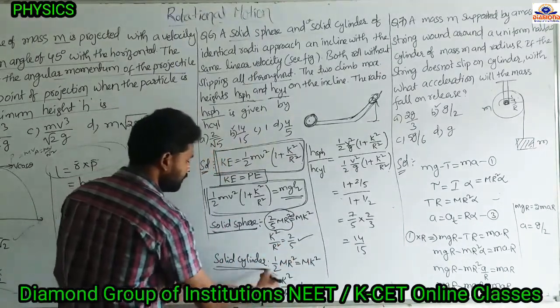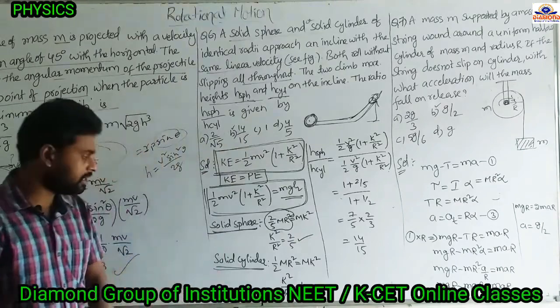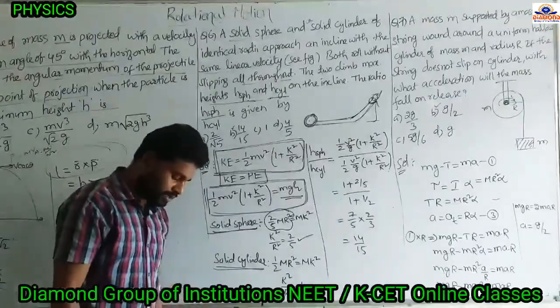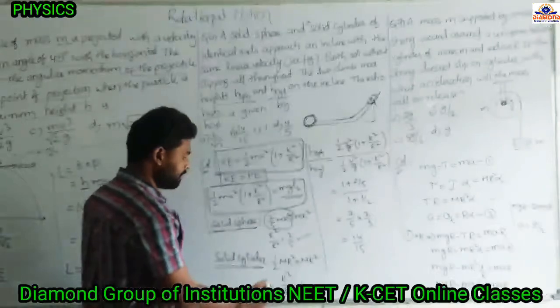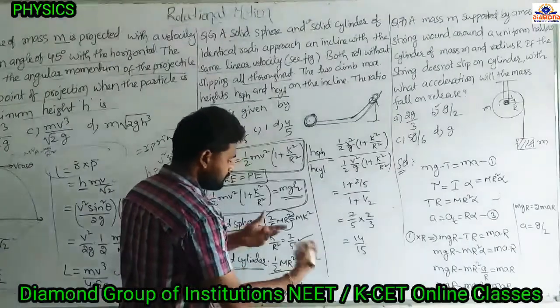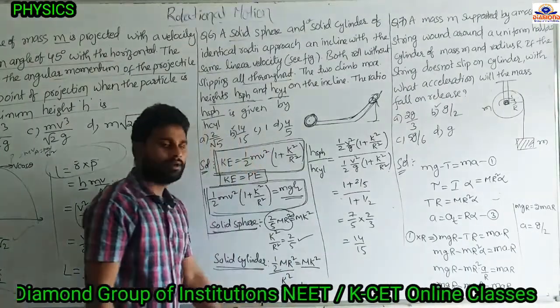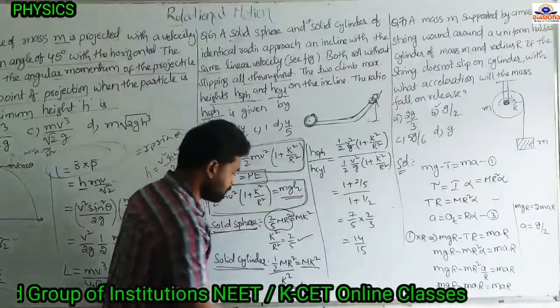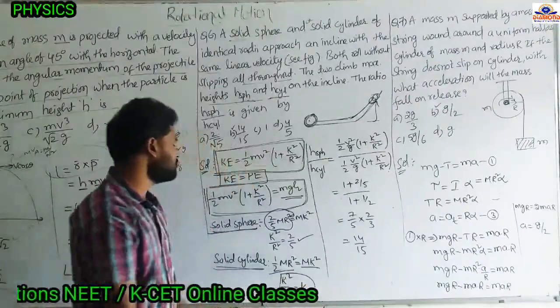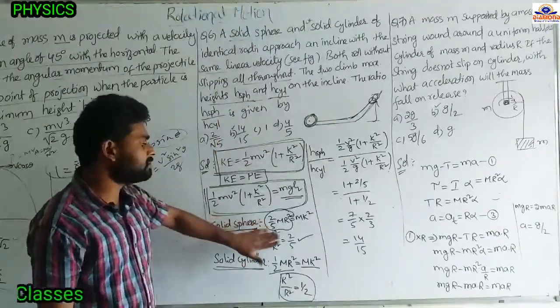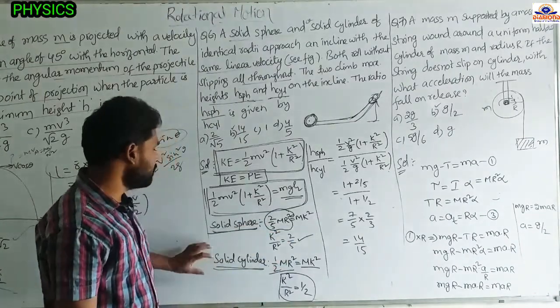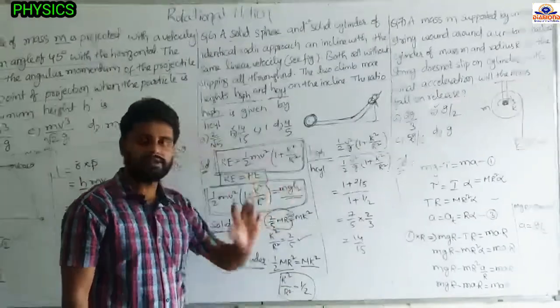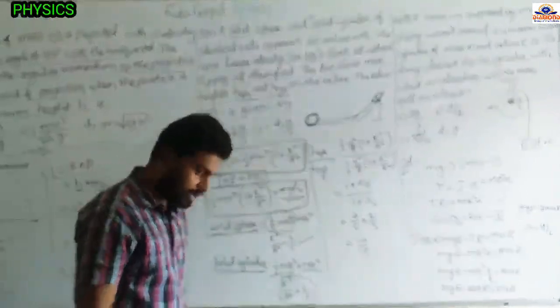For a solid cylinder, the moment of inertia about the axis passing through the center perpendicular to the plane is half mr square, equal to m k square. So k square by r square equals 1 by 2. Just remember: solid sphere k square by r square is 2 by 5, solid cylinder is 1 by 2, and a ring's k square by r square is 1.